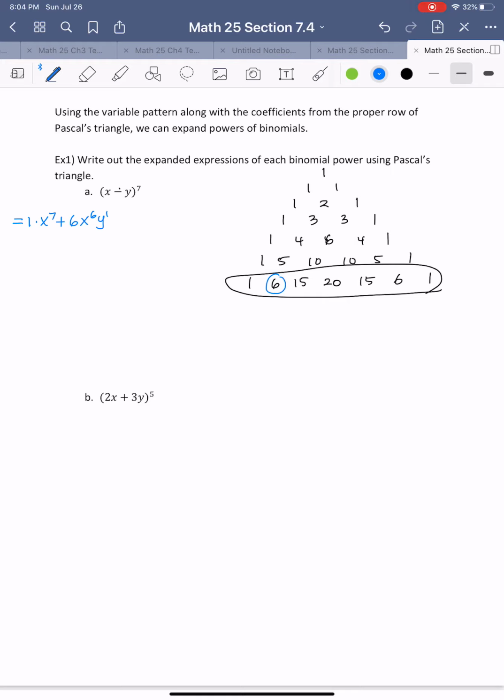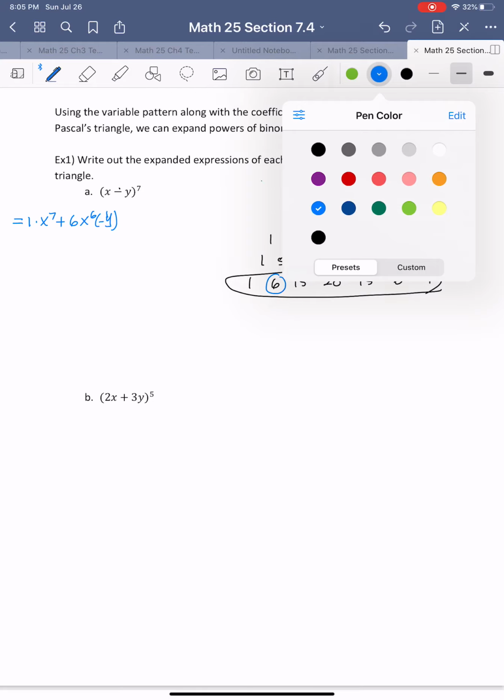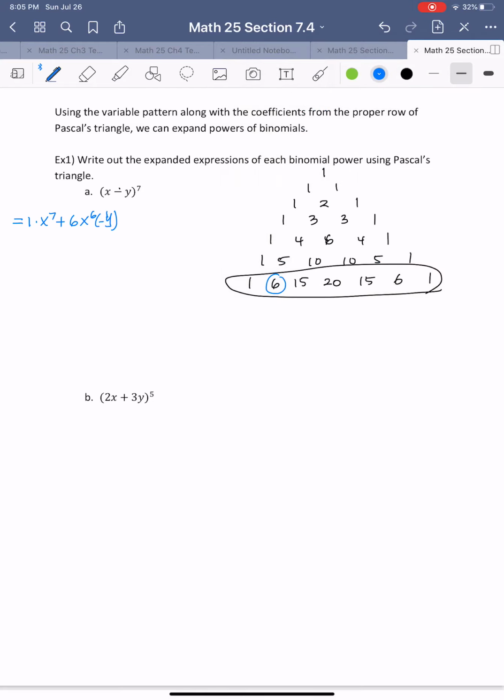Sorry about this, negative y. And then every even term is positive, okay? Every odd term is negative, and the even terms are positive. So plus, next one is 15 times x to the fifth, and then negative y squared.